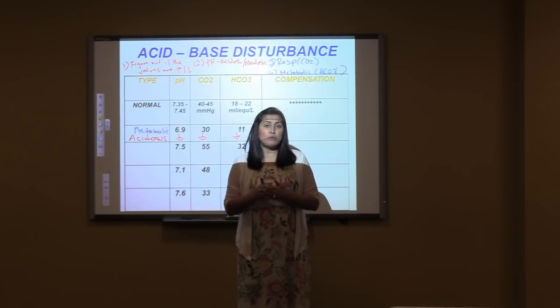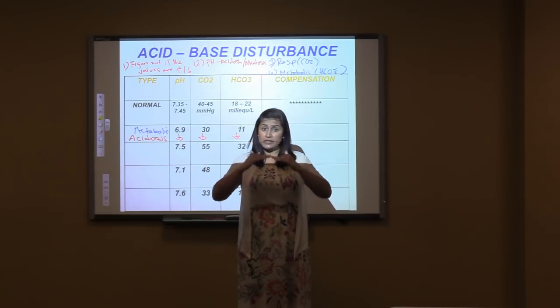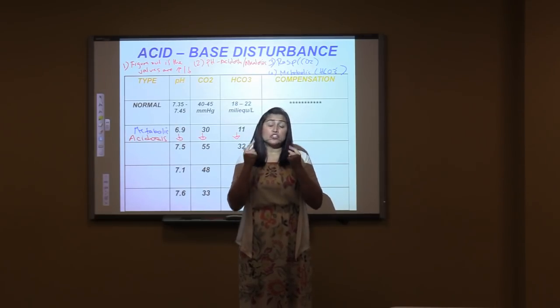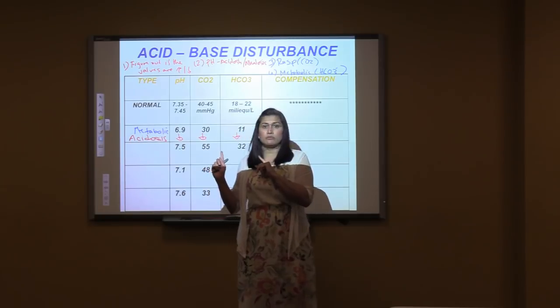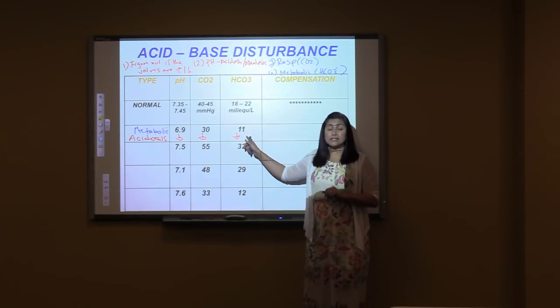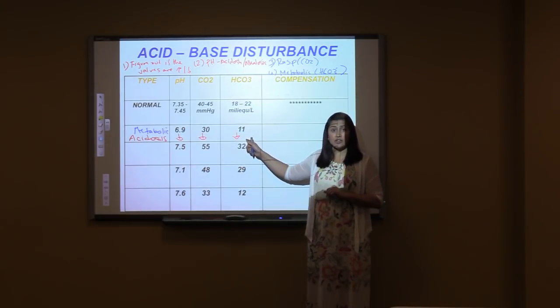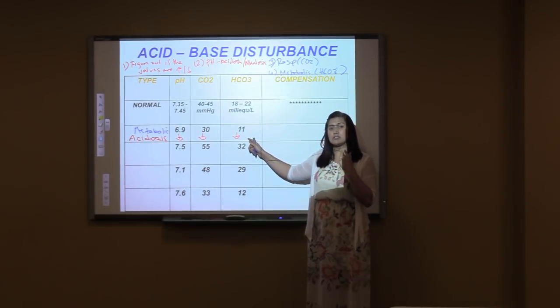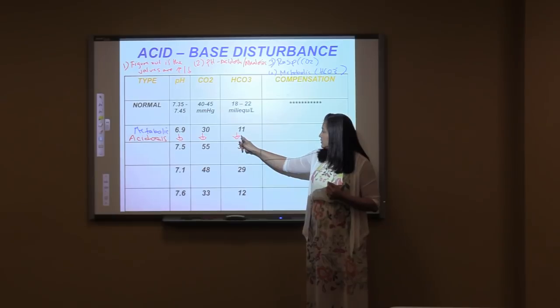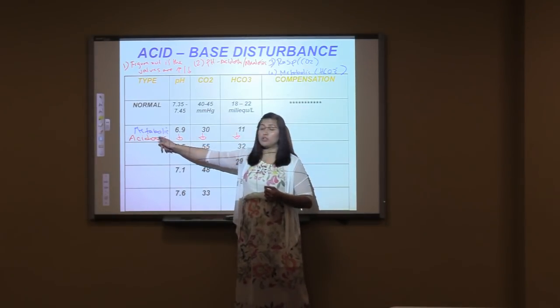If somebody has metabolic acidosis, what should the bicarbonate levels be? They should be decreased, right? Because it's a base. So that's your prediction. And now you look at the results. Their bicarbonate level has decreased. So it matches your prediction. If it matches your prediction, that is the system that is at fault. It decreased. So yes, it's metabolic acidosis.